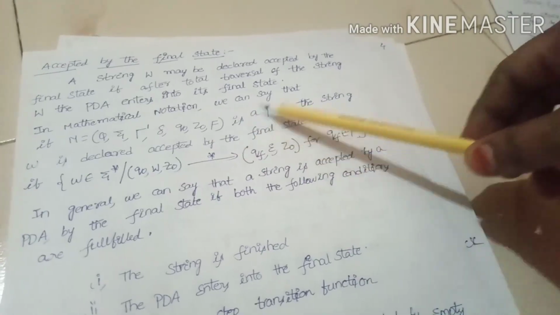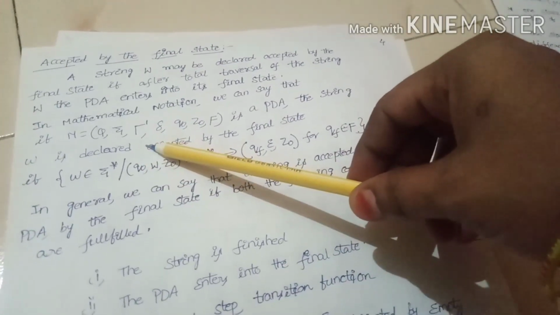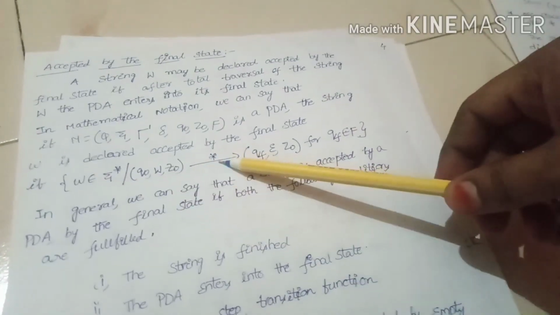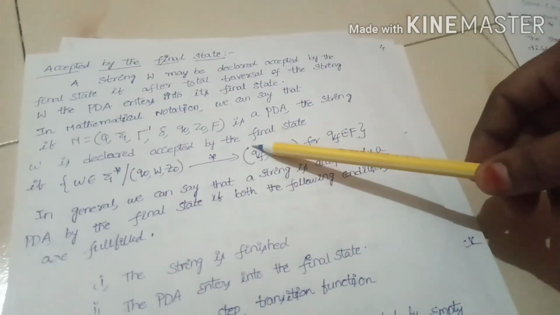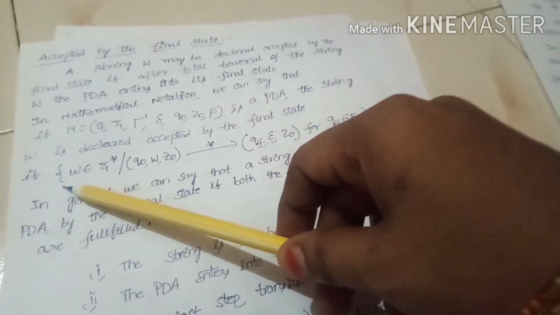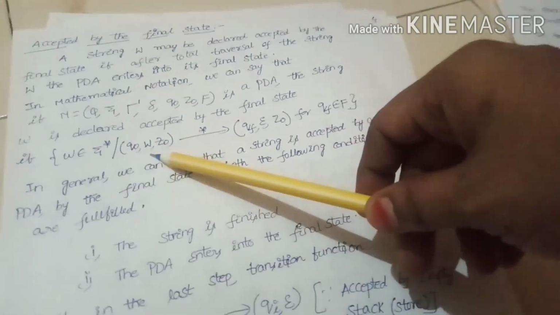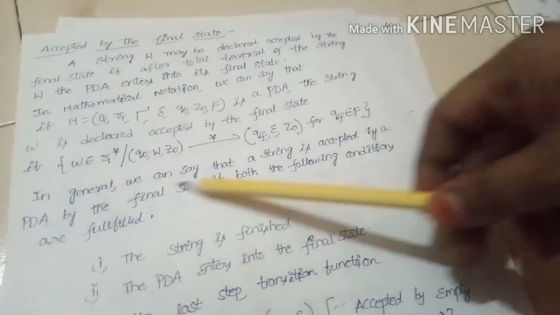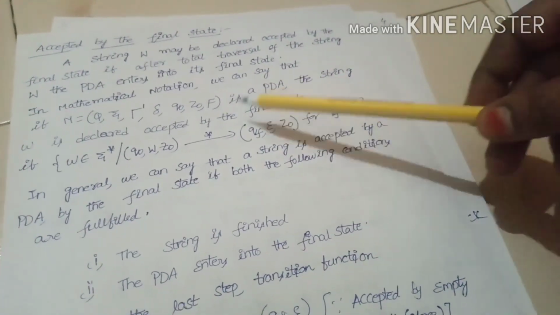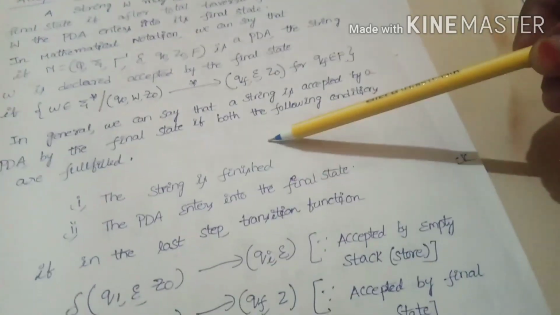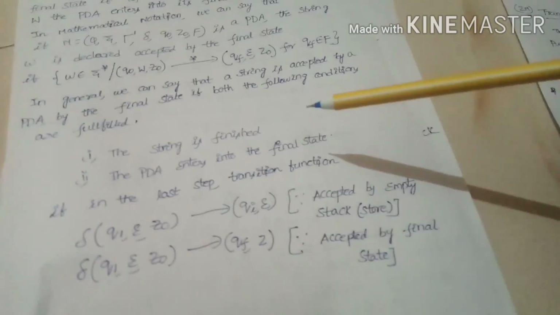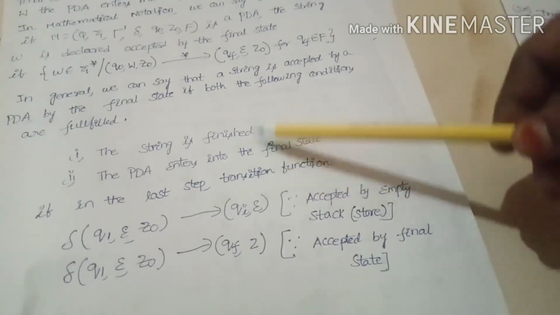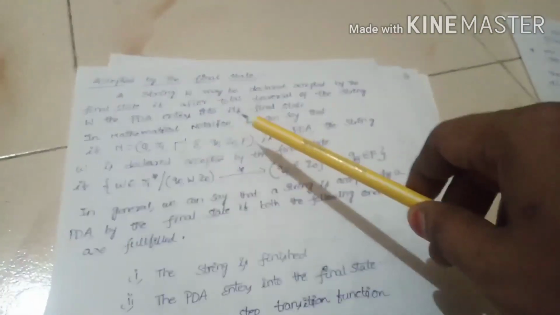In mathematical notation, if M equal to Q, sigma, tau, delta, q naught, Z naught, F, where F is the set of final states, is a PDA, then the string w is accepted by the final state if w belongs to sigma star and (q naught, w, Z naught) goes to (qf, epsilon, Z naught) for qf belonging to F. In general, a string is accepted by PDA by the final state if both conditions are fulfilled: the string is finished and the PDA enters into the final state.